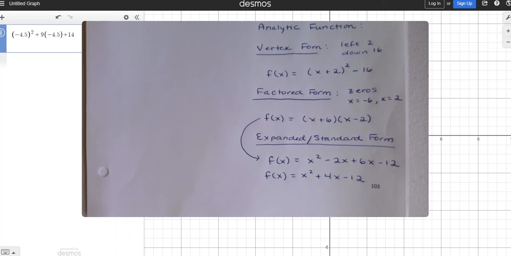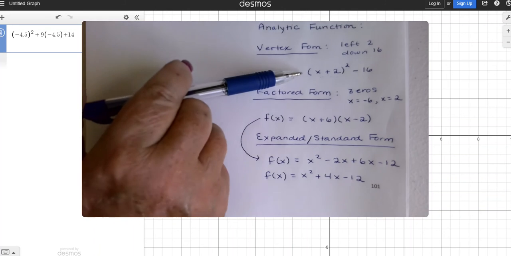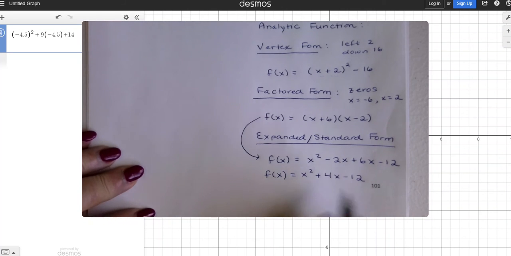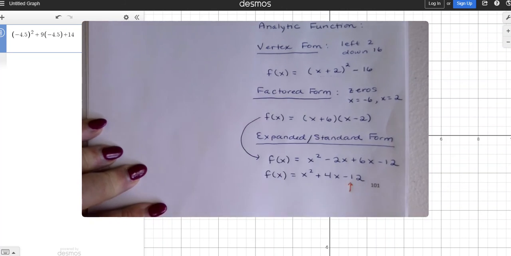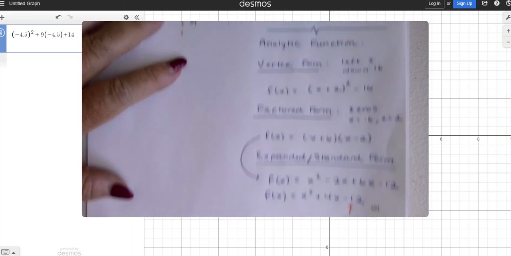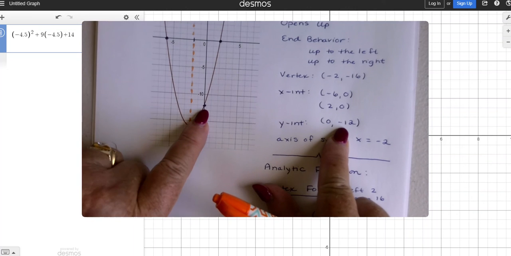This is where I can double check to see if there really should have been some multiplier there. Remember that in the standard form, it's very easy to see what the y-intercept should be. Right? If you were to plug 0 in here, the y-intercept should be negative 12. And in fact, that's exactly what we saw in this graph.